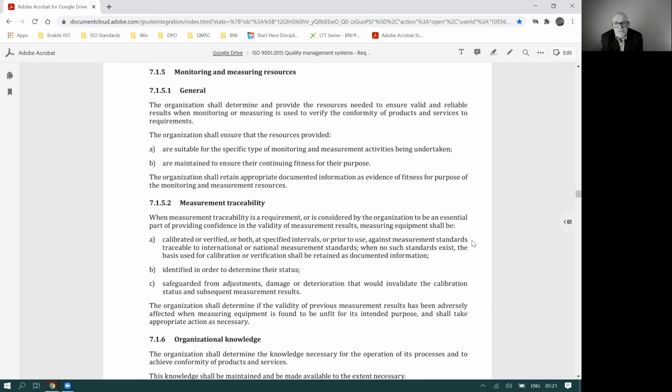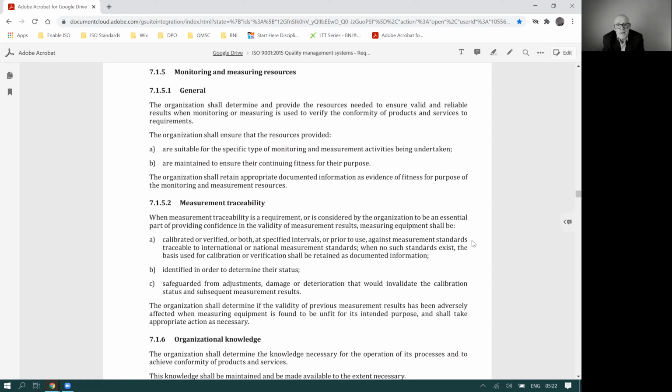So the organization shall ensure that the resources provided, A, are suitable for the specific type of monitoring and measurement activities being undertaken. So looking at that by itself, the reporting that I referenced in our own organization satisfies that. Likewise, the more technical computer controlled processes will have the obvious reporting based on those digital networks.